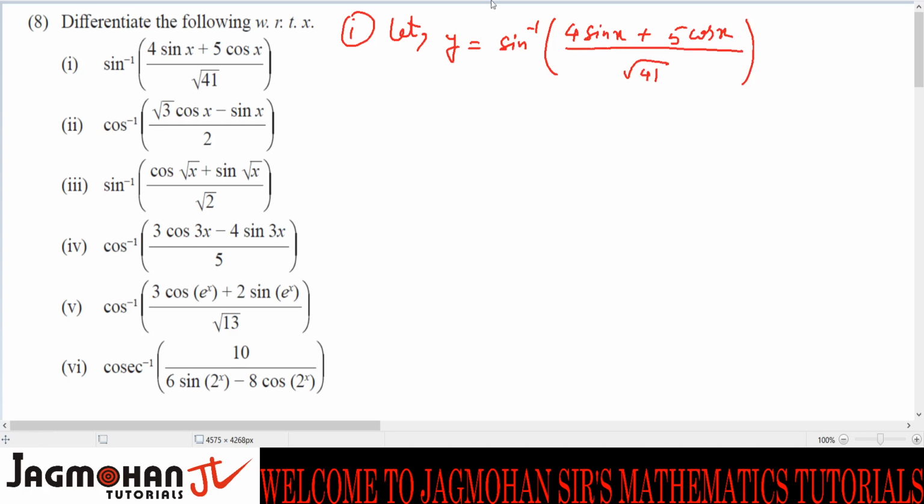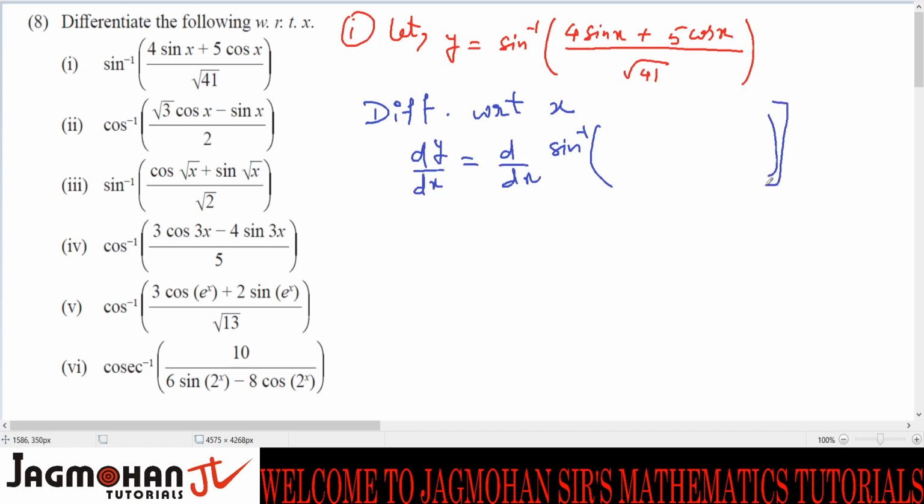One thing to be remembered here is never ever try to differentiate directly. If I start differentiating at this stage itself, writing d by dx, I am going to be in deep trouble. It will be d by dx of y equals d by dx of sine inverse of this bracket. The next step, as you all know, is to recognize this function.